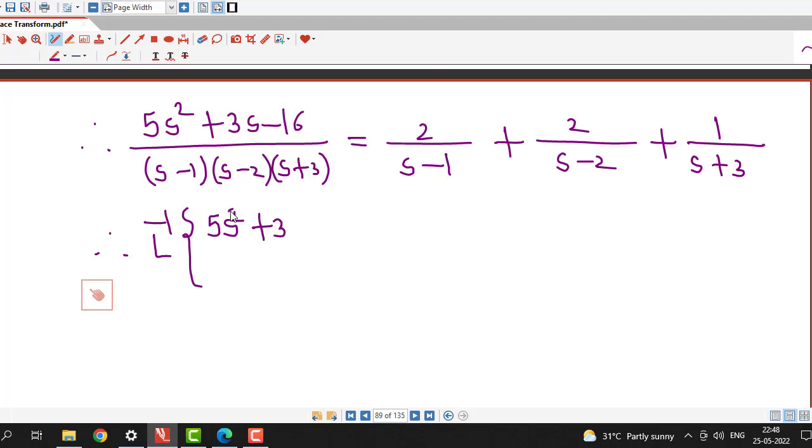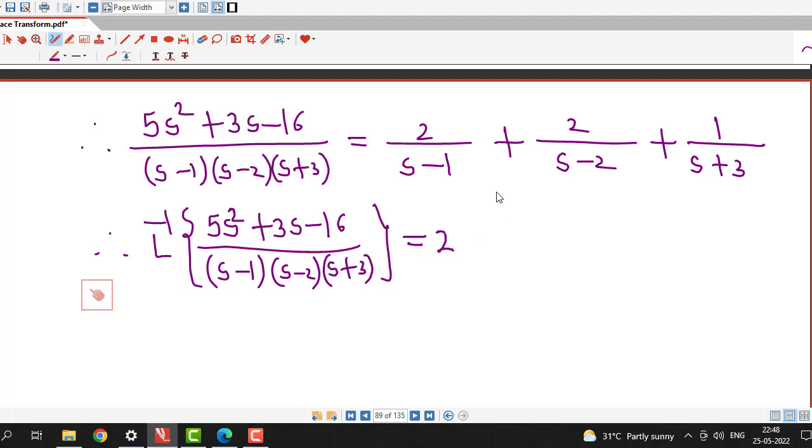Inverse Laplace transform of (5s square plus 3s minus 16) divided by (s minus 1) times (s minus 2) times (s plus 3) is equal to 2 times inverse Laplace transform of 1 over (s minus 1), that is e raised to t, plus 2 times inverse Laplace transform of 1 over (s minus 2), that is e raised to 2t, plus inverse Laplace transform of 1 over (s plus 3), which is e raised to minus 3t.